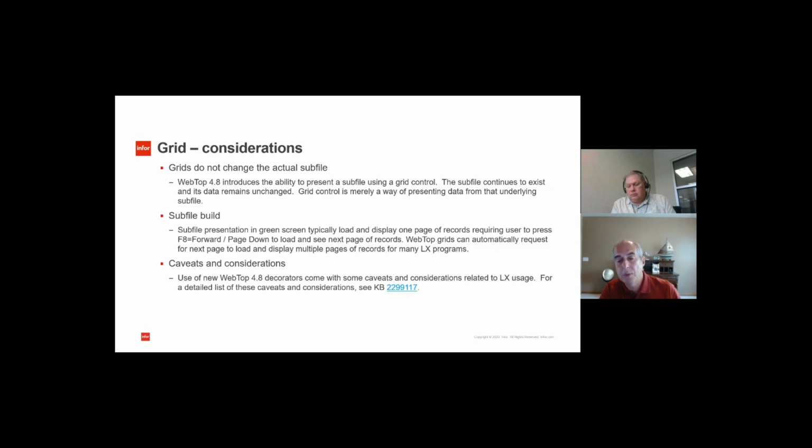We want to change the way subfiles are built in the actual application for PUR 500 and deliver that as an enhancement that will then enable this type of capability to better work in Webtop. So there are some exclusions and things like that. We've got a KB article that talks about considerations and caveats in building your grid.